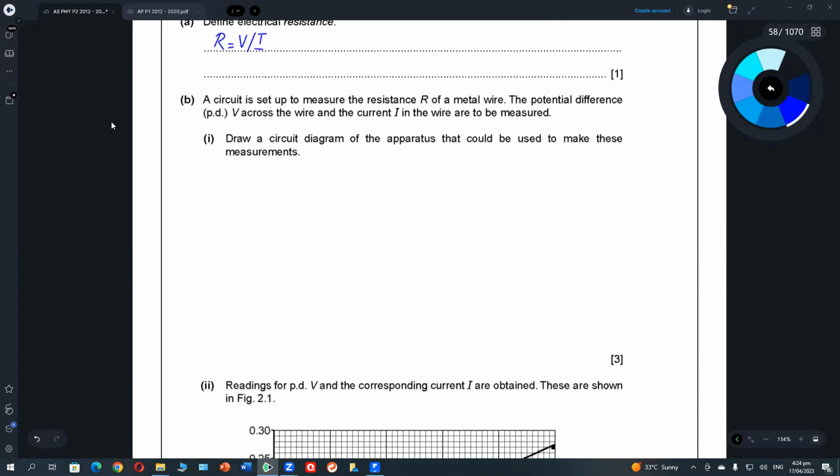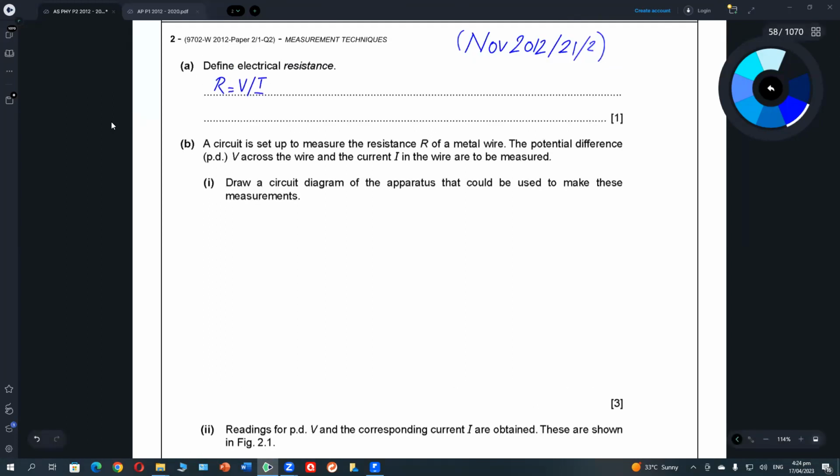So make a circuit diagram to make these measurements. We can design a circuit.